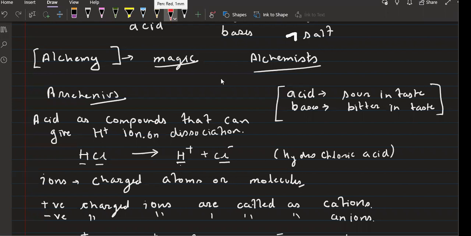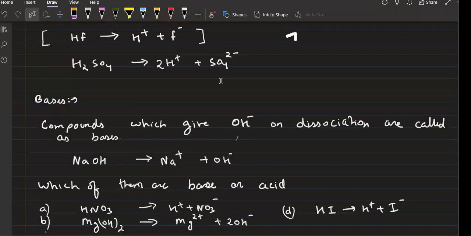There are other scientists who elaborated the concept, but these acids and bases are called Arrhenius acid and base. Got it, everyone?